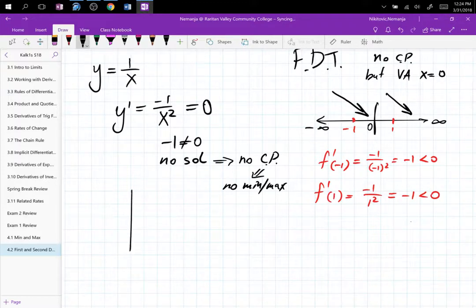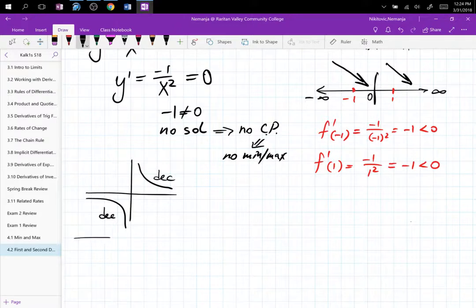We draw this piece and this piece for 1 over x, and we see it's decreasing. This part is decreasing from negative infinity to 0, and then the other part is decreasing as well. Awesome. It works 100% of the time.